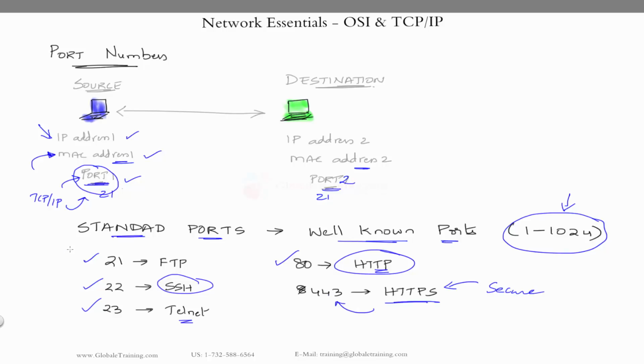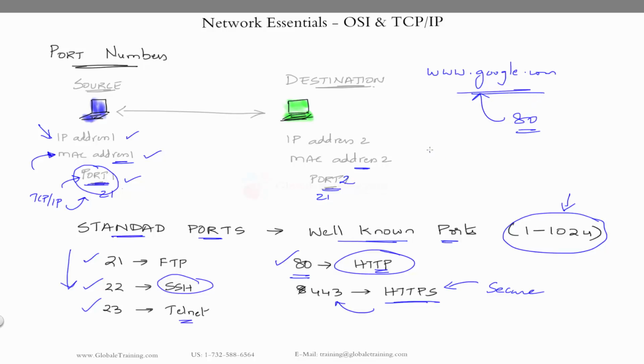These are the default ports, meaning if you don't specify, it will use the default ports. By that what I mean is, let's say in your browser, if you type www.google.com, what this means is you're saying use port 80 for communication, and it uses port 80.